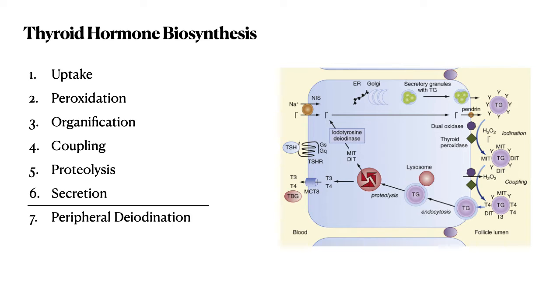If you will observe, the purple circles marked Tg and YYY is actually the thyroglobulin molecule, Tg.